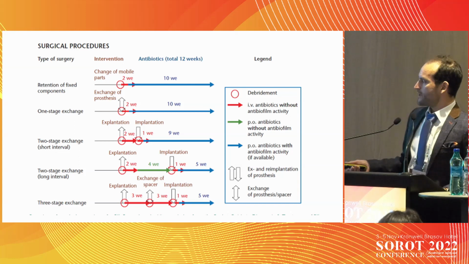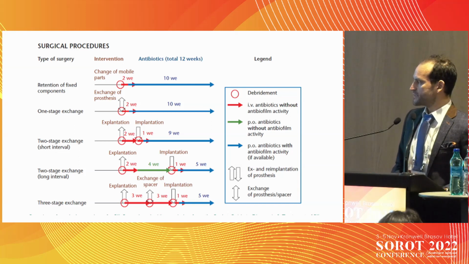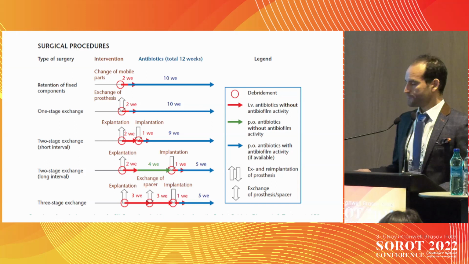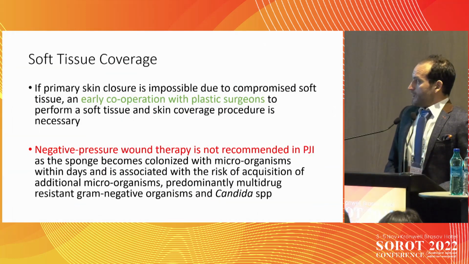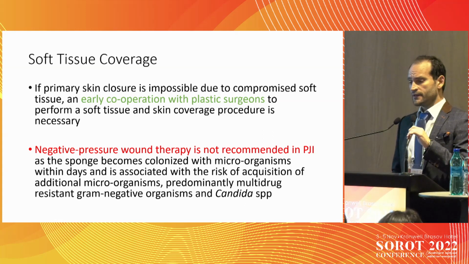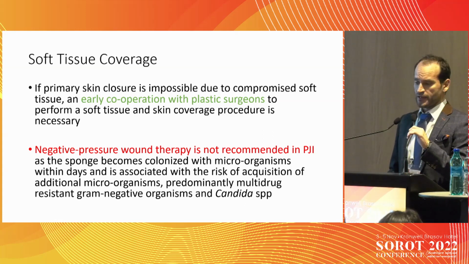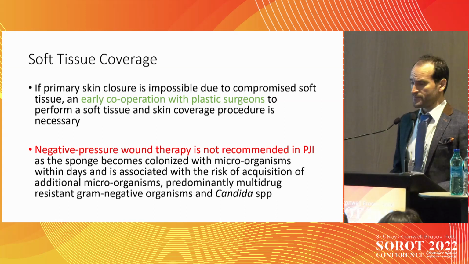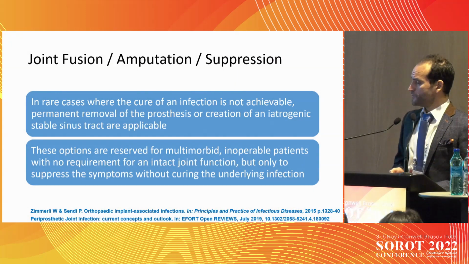Then after you do the reimplantation, you also give the patient 1 week of intravenous antibiotics, and then the rest through oral antibiotics. The soft tissue coverage here may be a problem, not as often as with FRIs or osteomyelitis, but consult maybe a plastic surgeon if you're not so familiar with ways to cover your wound.